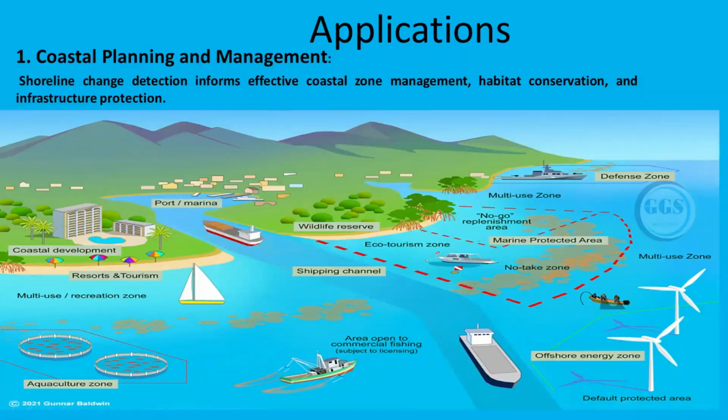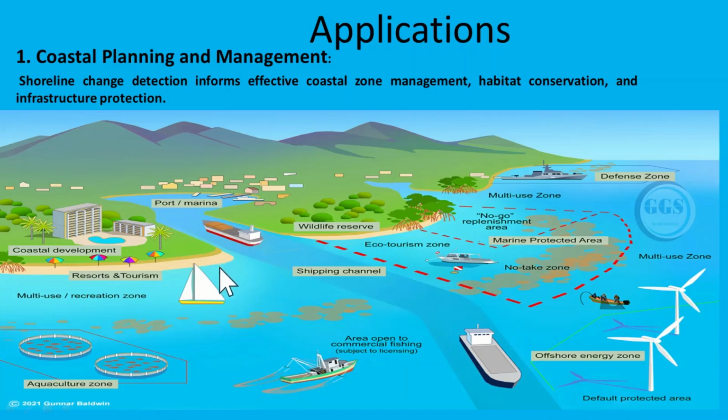Then what are the applications of shoreline change detection analysis? It has various applications, and one of the applications is in coastal planning and management. Shoreline change detection informs effective coastal zone management, habitat conservation, and infrastructure protection. If you look at this very diagram, you can see this is a typical example of application of shoreline change detection analysis.